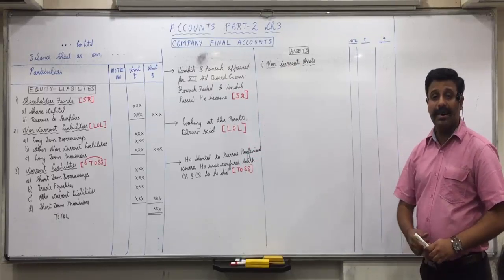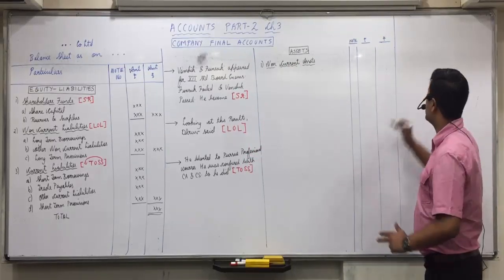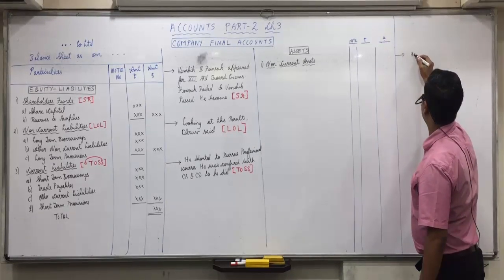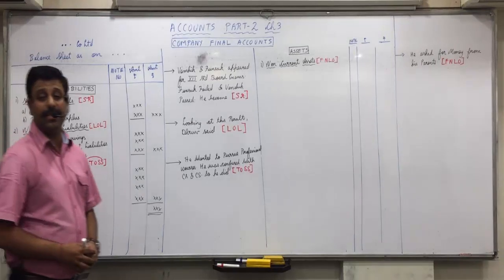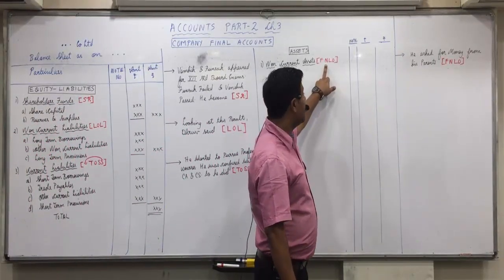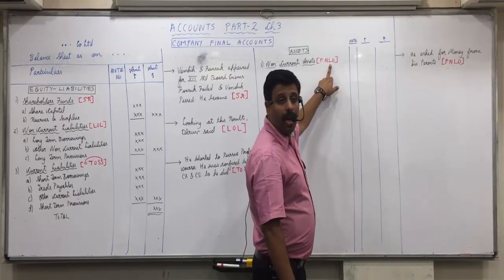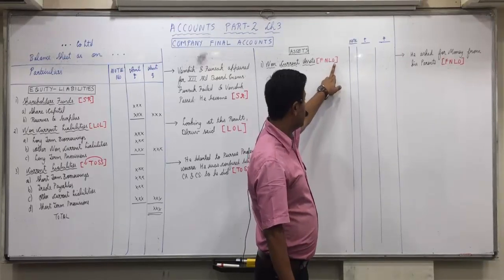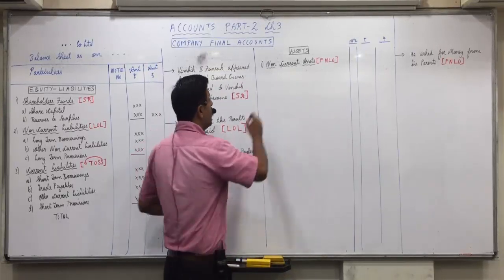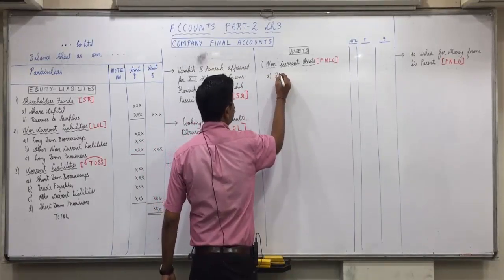For doing the courses he needs money. So write down against non-current assets: F stands for fixed assets. Non-current investments. Long-term loans and advances. Other non-current assets.